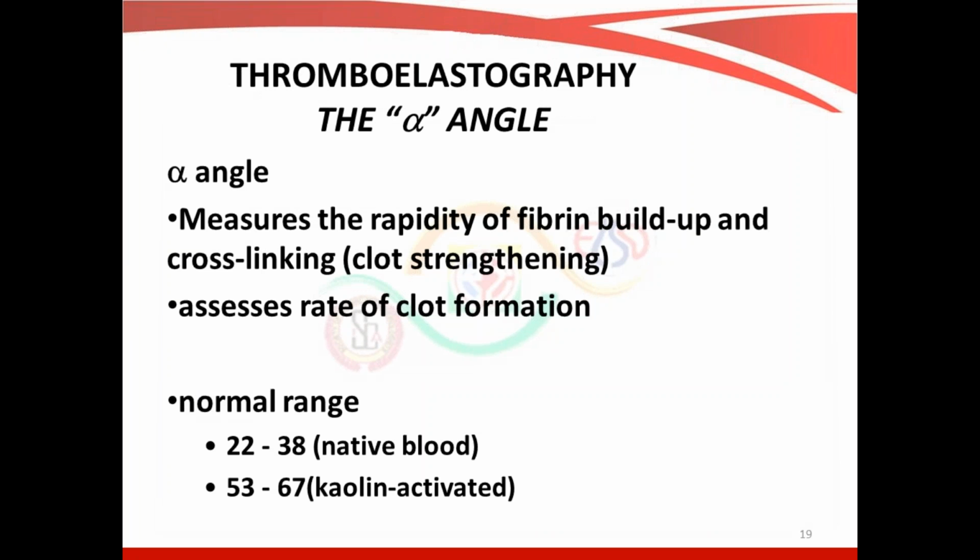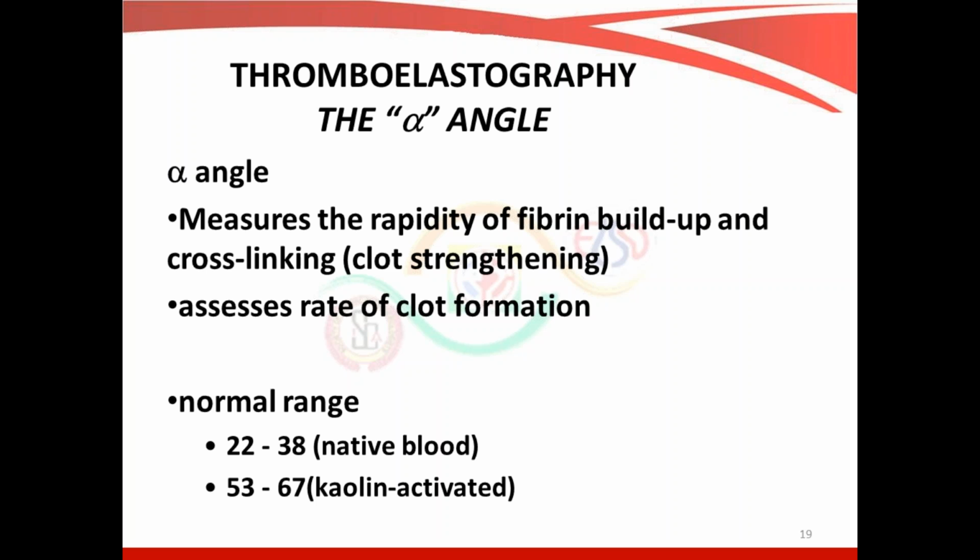Okay. So now if I turn that side, I can't, the mic is not working. So the alpha angle measures the rapidity of the fibrin buildup. So once the clot is stable with the platelet aggregation, the fibrin starts building up and cross-linking and clot strengthening happens. Normal is 22 to 38 degrees, and 53 to 67 degrees in cases of kaolin activation, where the alpha angle becomes more obtuse.